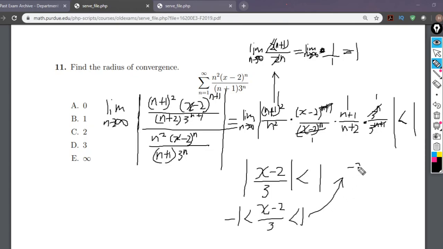It should be -3 less than x minus 2 less than 3, and then it would be -1 is less than x is less than 5, and we can see the interval is from -1 to 5. So the radius of convergence will be 5 minus -1, divided by 2, which is 3. Right here.